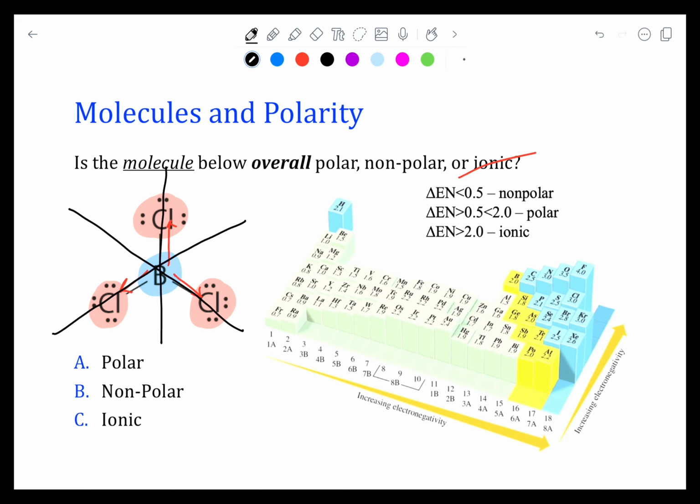We know our angle from our molecular geometry. So overall, this molecule is nonpolar. So we can have nonpolar molecules made up of polar bonds.